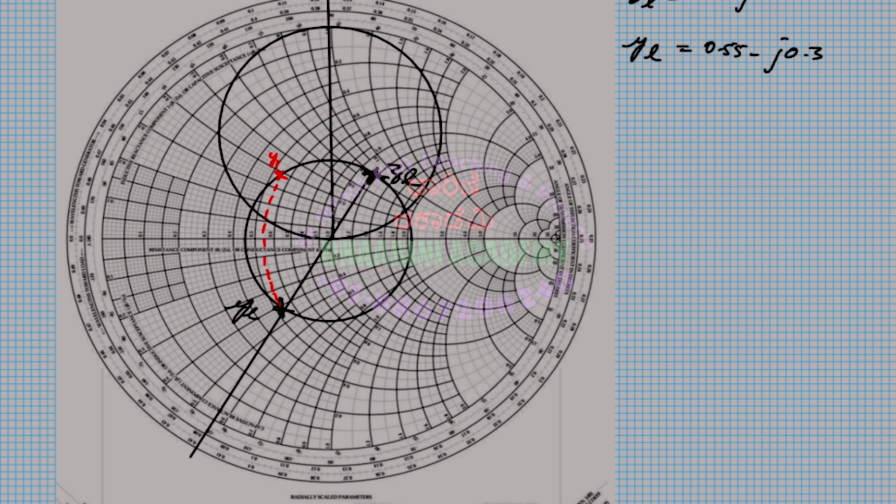What's the value of Y1? Okay, Y1 is not that, right? Y1 is the point where it touches the newly drawn circle, not this circle, right? Sorry, mistake. Please correct that. So it's actually this point. Okay, so that is Y1. Please read that and tell me how much you get.